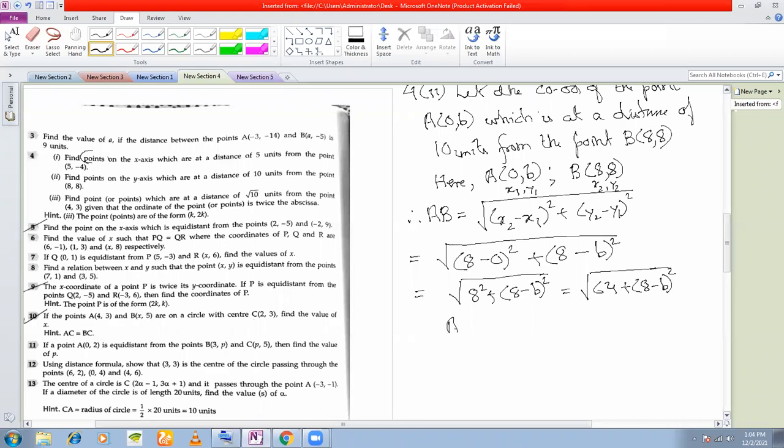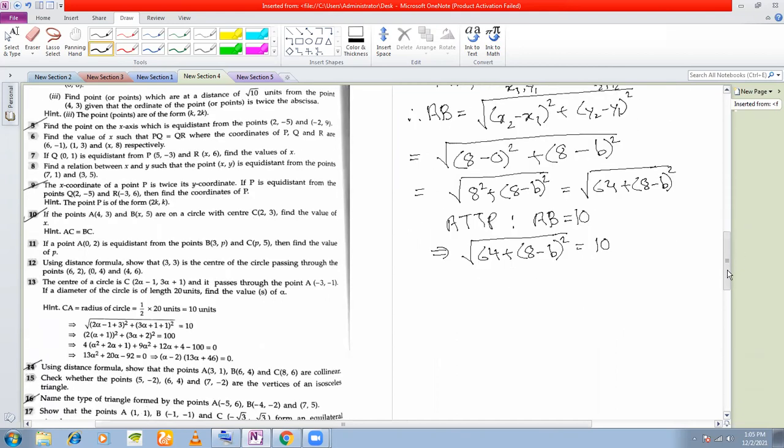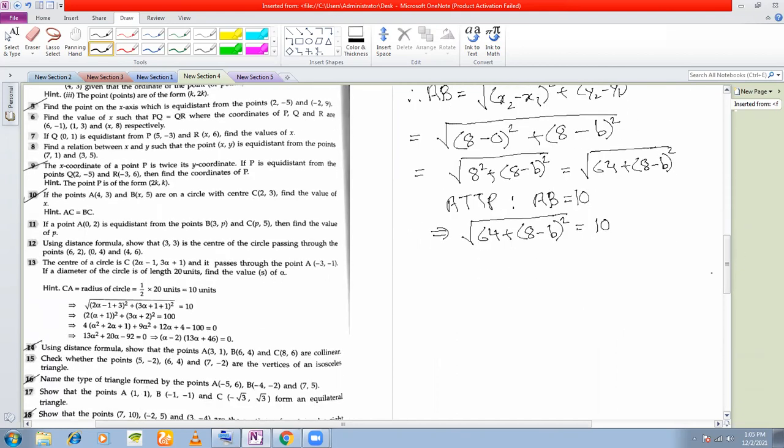Now what is according to the problem? How much is AB given distance? 10 units, right? So according to the problem, AB must be equal to 10. And AB equal to 10 means square root of 64 plus (8 minus b) square is equal to 10. Now you want to solve this equation and get the value of b. How do you solve this equation? First of all, square both sides to remove the radical, just as we had done earlier.